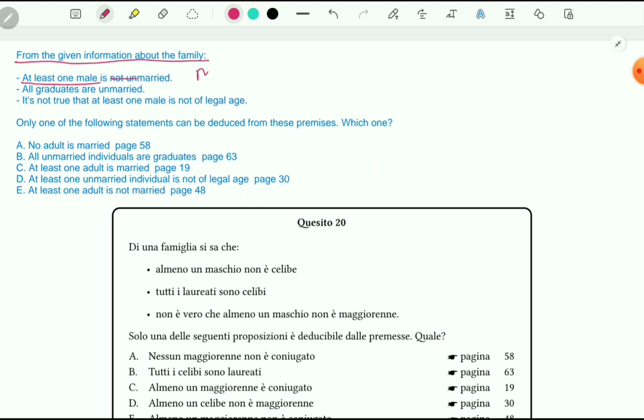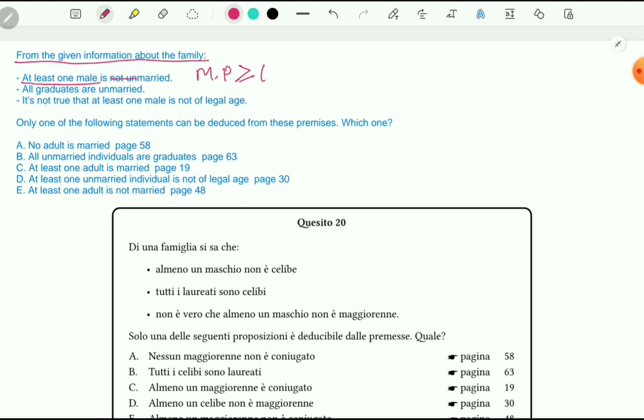So that means the number of married people is greater than or equal to 1. At least one person is married. In this particular case, all graduates are unmarried. So those who passed college or already graduated are unmarried.